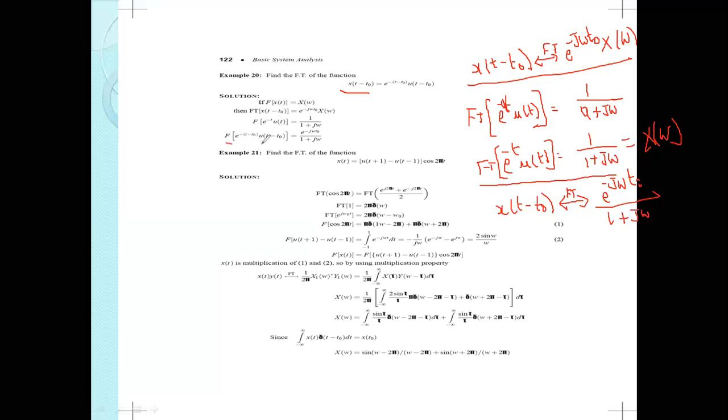So the Fourier transformation of e power minus of t minus t naught into mu of t minus t naught is e power minus j omega t naught by 1 plus j omega. That is the Fourier transformation.